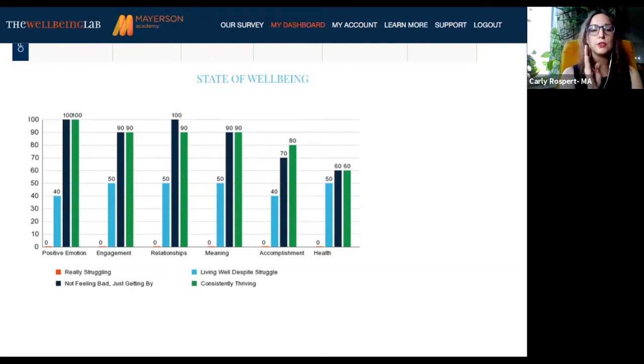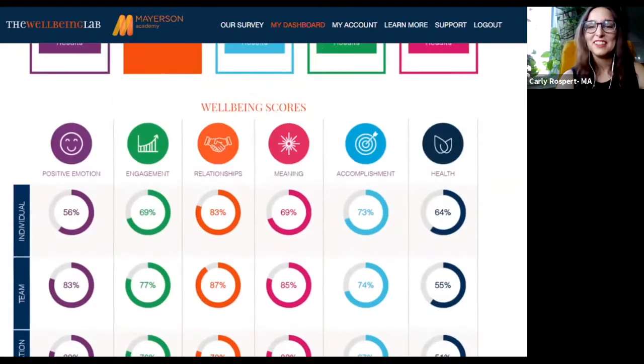And then it tells you how they're doing in each of the categories of PERMAH based on where they land in that quadrant. So you can see that people who are consistently thriving generally have, in our organization, high levels of positive emotion, high levels of engagement, relationships, and meaning.